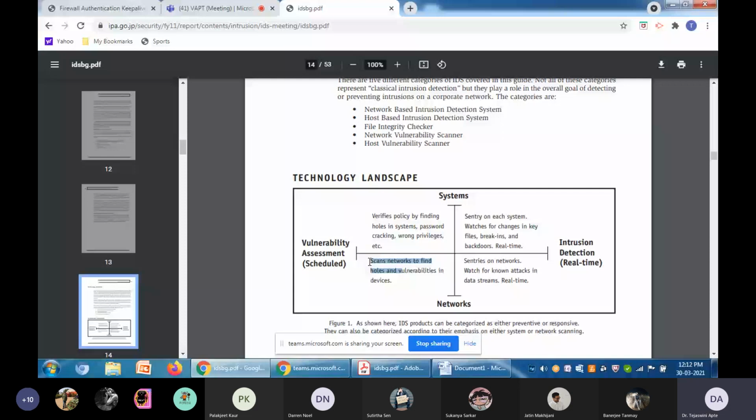The devices could be the routers, or any other network device, or the firewall as well.